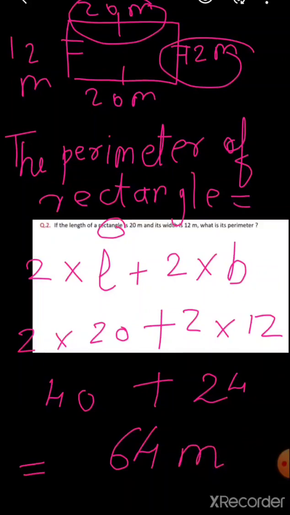So the perimeter of the rectangle is 64 meters.